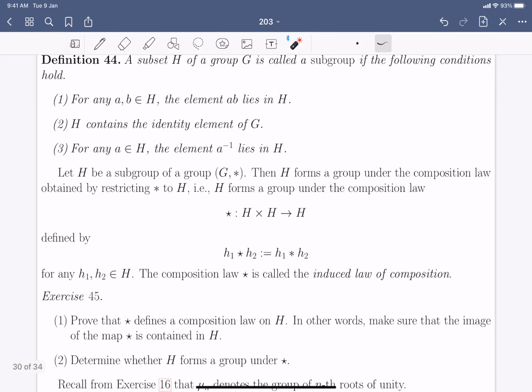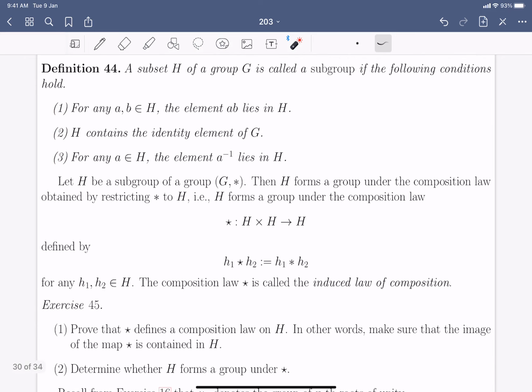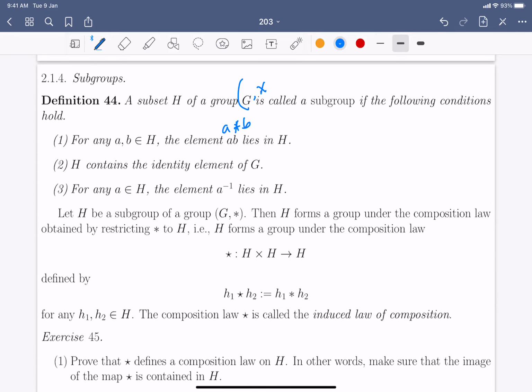Let me go through that. It says that whenever we pick two elements from H, their composition, which is A star B, where star is the composition law of G. I'm writing this to make sure you don't have difficulty, but please try to get used to this notational convention.